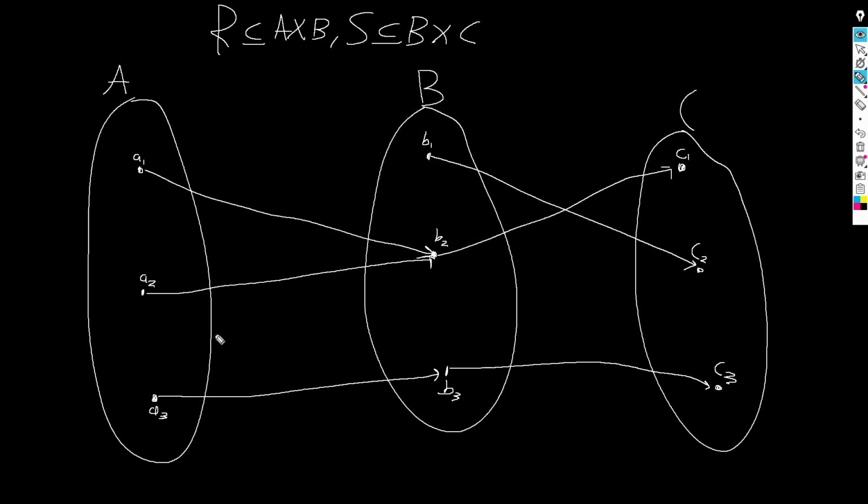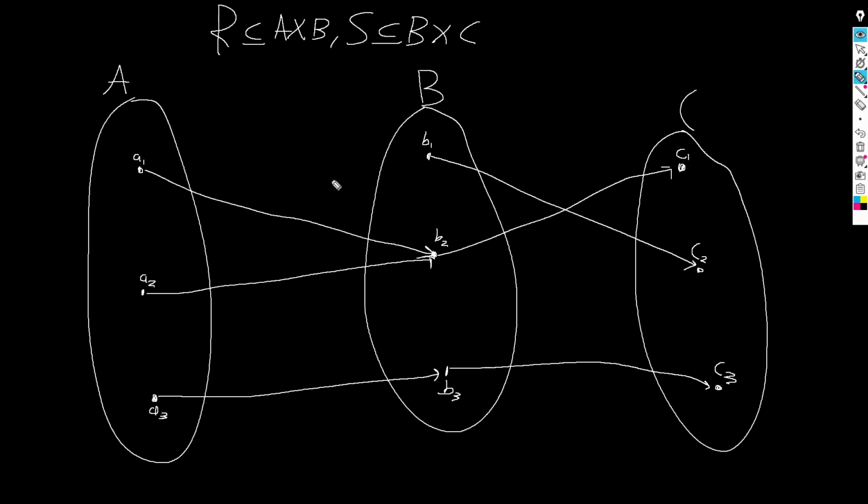And also, notice that there are no elements of the domain of R that are R related to b1, but b1 is S related to c2, but that doesn't matter because there are no elements in A that are R related to b1. So this means that a1 is not related to c2 based on the composition of S and R.